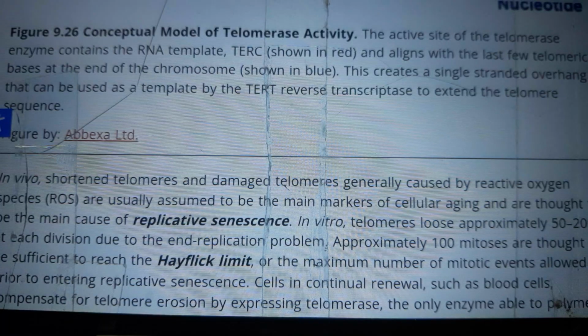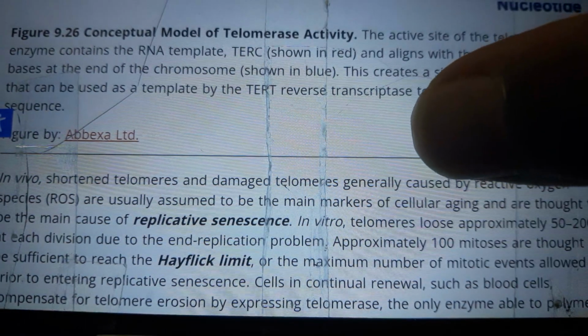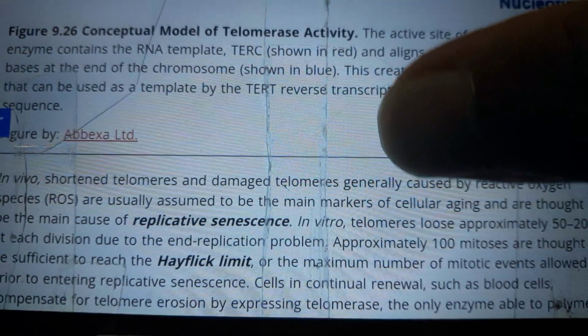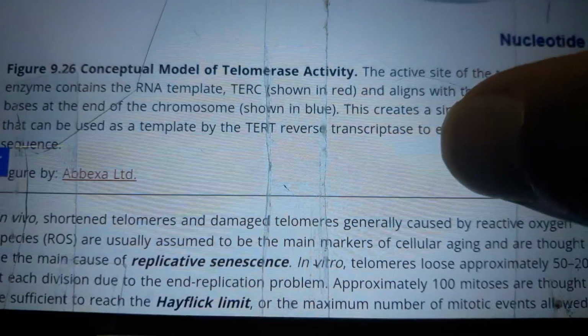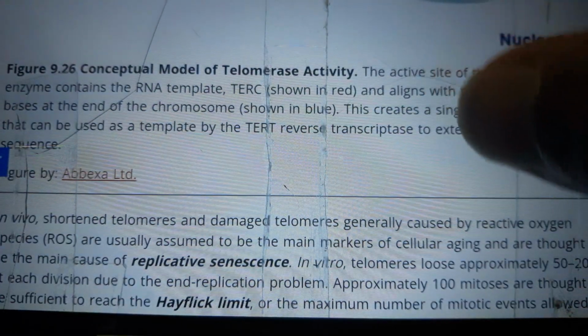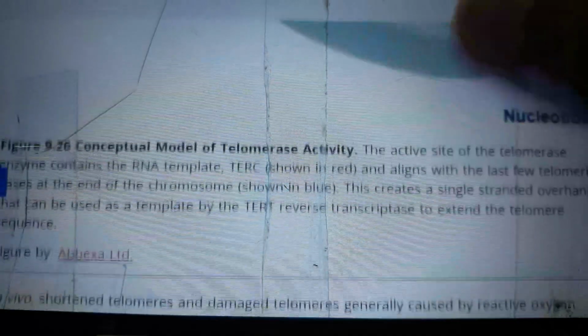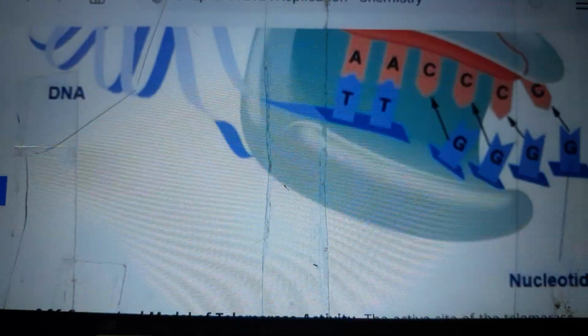The active site of telomerase, the RNA template, and the template used by TERT reverse transcriptase. The telomeric bases at the end of the chromosome are shown in blue. See, and the TERC there.